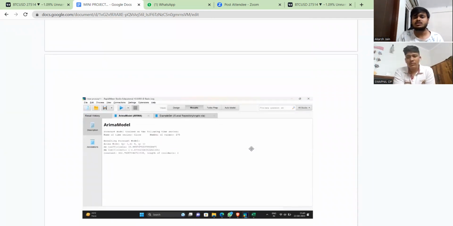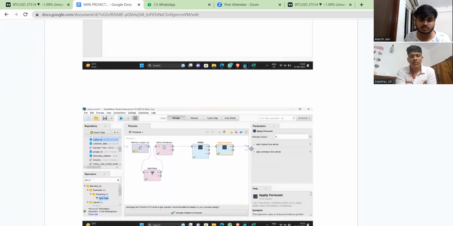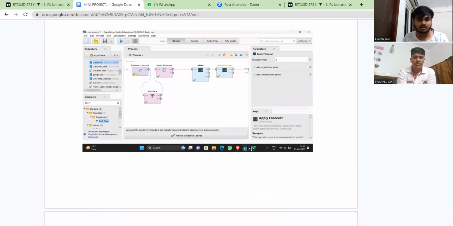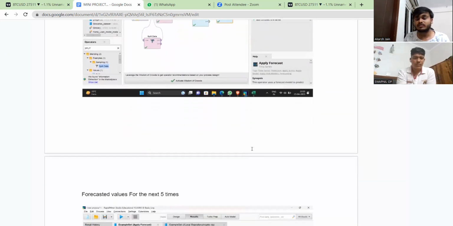The ARIMA model is generally used for predictions and getting an idea of currencies, stock markets or any financial models. For the same, we first identified the data and worked on set roles and set attributes, which I just mentioned. After the initial run, we split the data so that we can test it, with a 70 to 30% ratio.